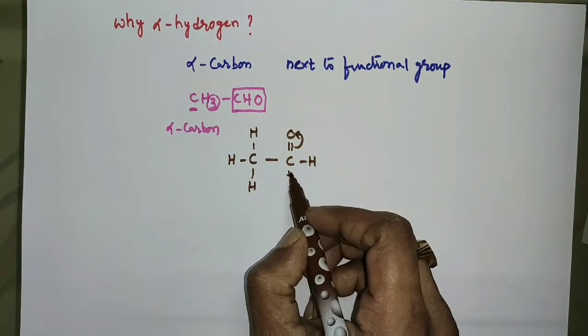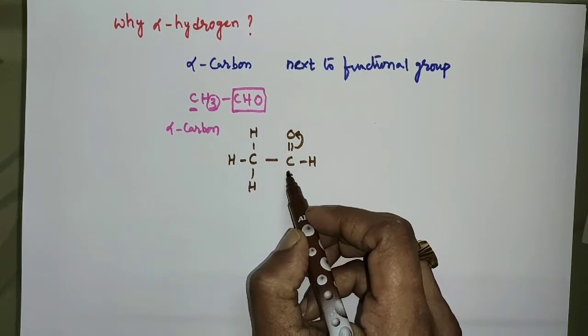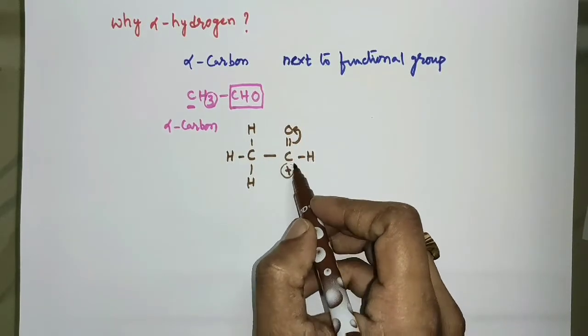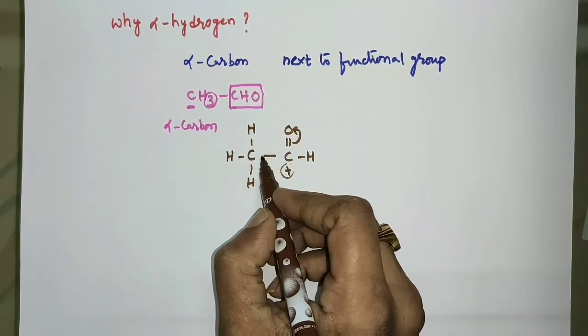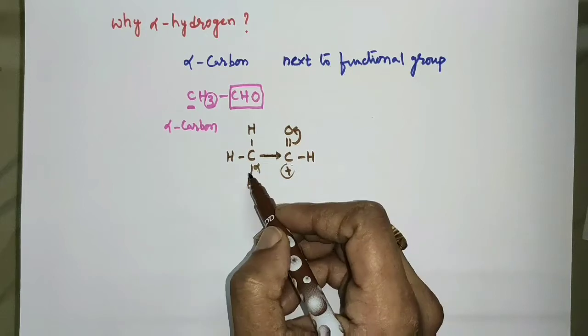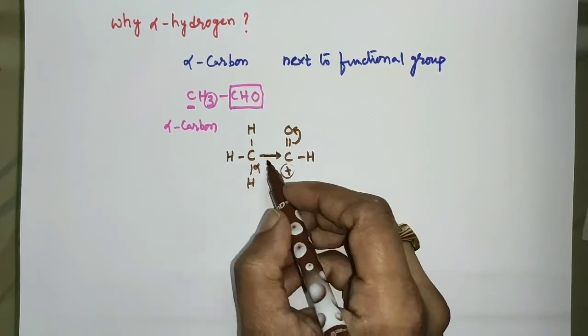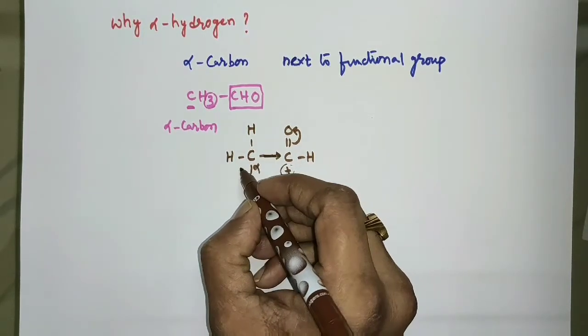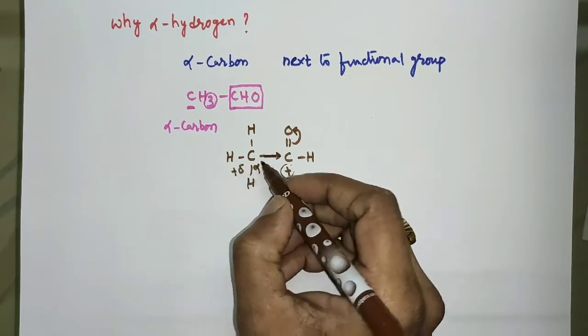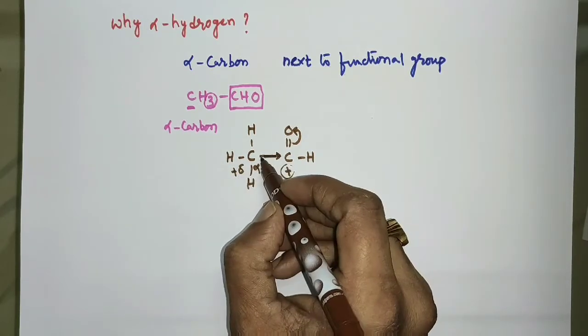And to overcome this electron deficiency, this carbon atom withdraws electrons from alpha carbon, and this alpha carbon also becomes electron deficient as this electron pair shifts to carbon atom.